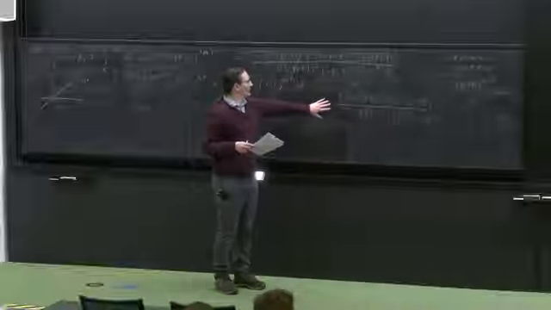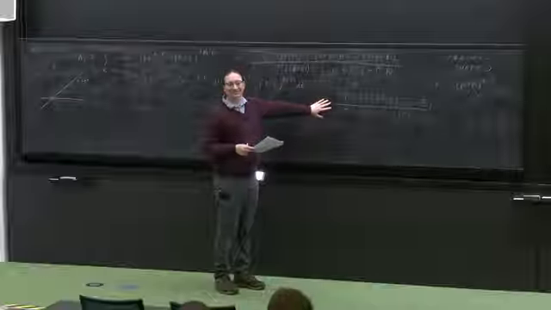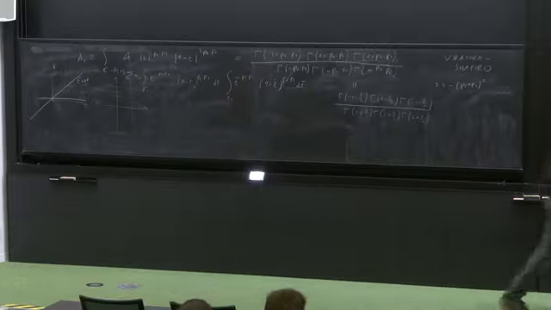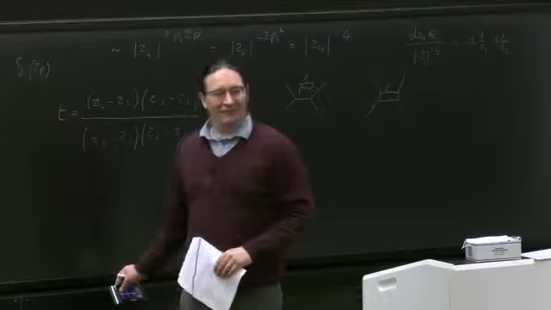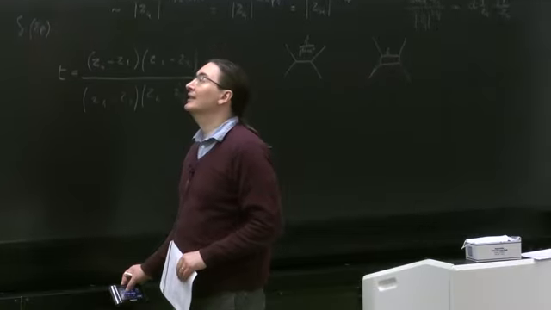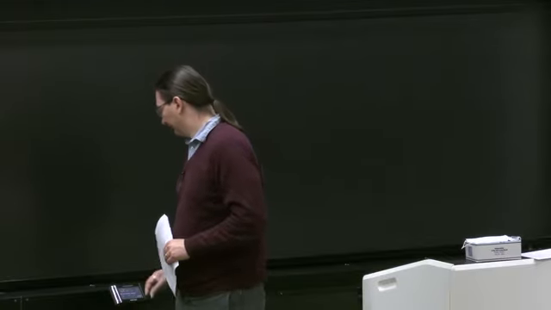So does this have cuts? What are the analytic properties of the gamma function? Poles at 0 and at negative integers. Yeah, that's right. And otherwise, smooth. So this thing has no cuts.